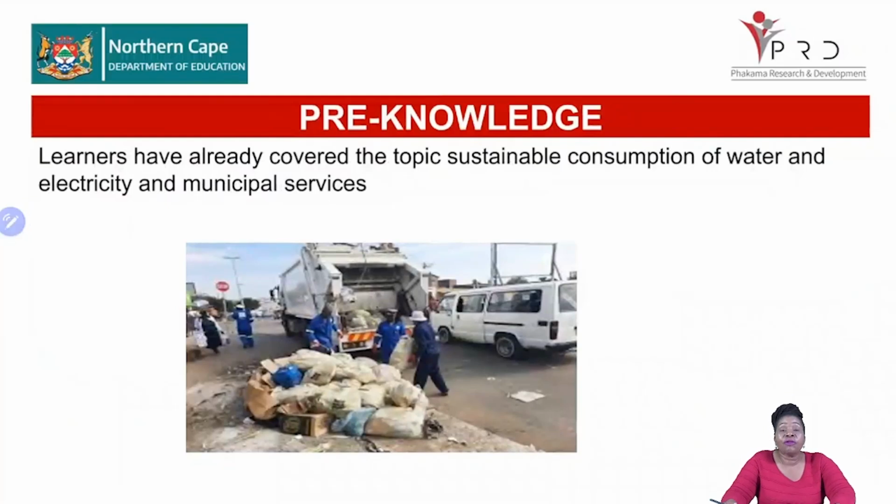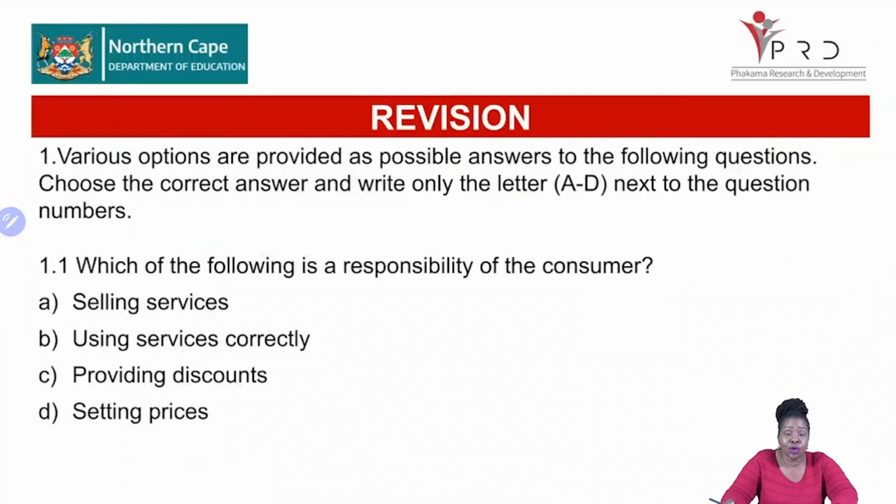Learners, we have already covered the topic sustainable consumption of water and electricity, as well as municipal services. So we will start with the short questions, which are found in section A of our paper, that is multiple choice questions. Question number 1 comes with an instruction which says various options are provided as possible answers to the following questions.